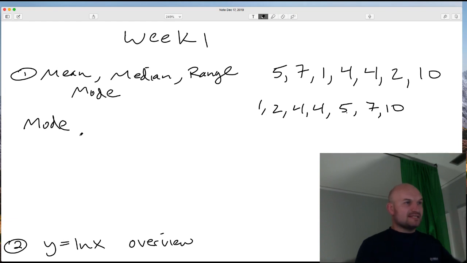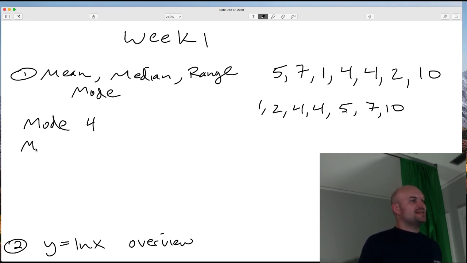As far as the mean goes, a lot of times we think of it as the average. The mean is taking all these numbers, adding them up, and dividing by the number of numbers we have.